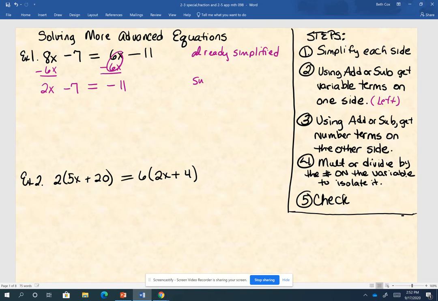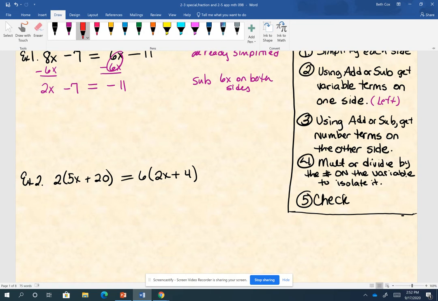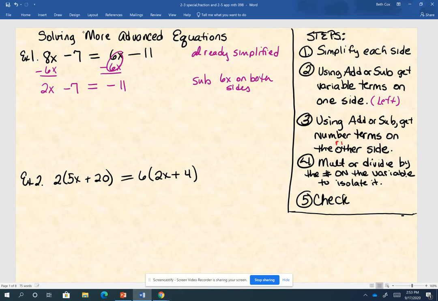I subtracted 6x on both sides. Now I'm going to do step 3. Using add or subtract to get the numbers on the other side. Well, that would be the right side for my problem. So here's the negative 7.